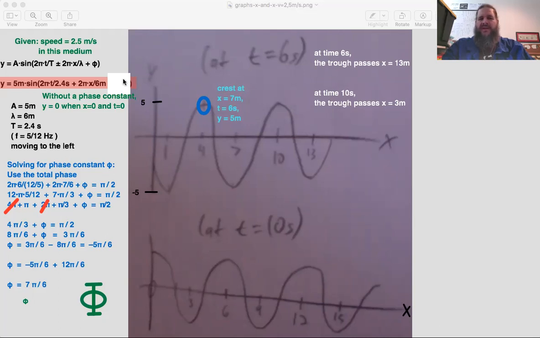So the phase constant really has to do with making the equation make sense based on where the source is at time 0. And also to some extent, it depends on the coordinate system, like what time we start the stopwatch. But we need the phase constant to make sure that the wave doesn't have to be passing through the origin at the time we're calling 0.